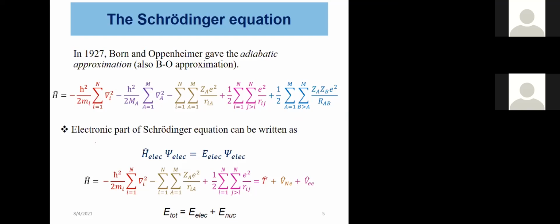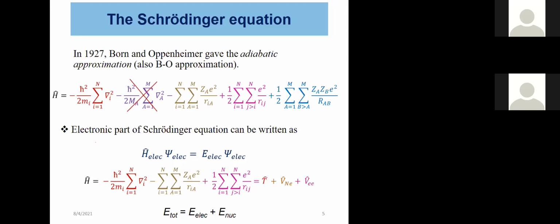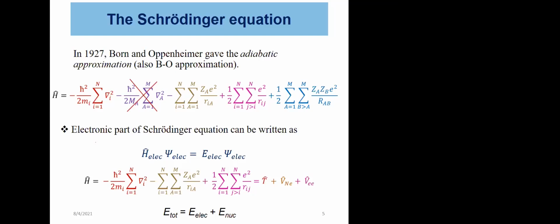In simple terms, the nucleus is much heavier than the electrons, about 2000 times heavier, so the nucleus movement is considered negligible in comparison to the movement of electrons, and the kinetic energy contributed by the nucleus is almost zero. So we neglect this term. Also, the nuclei are fixed at particular lattice sites, so they are not going to move.